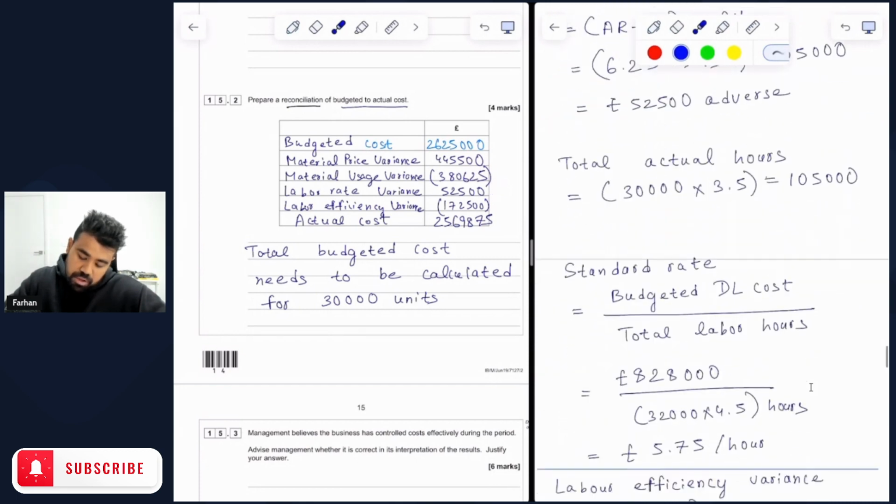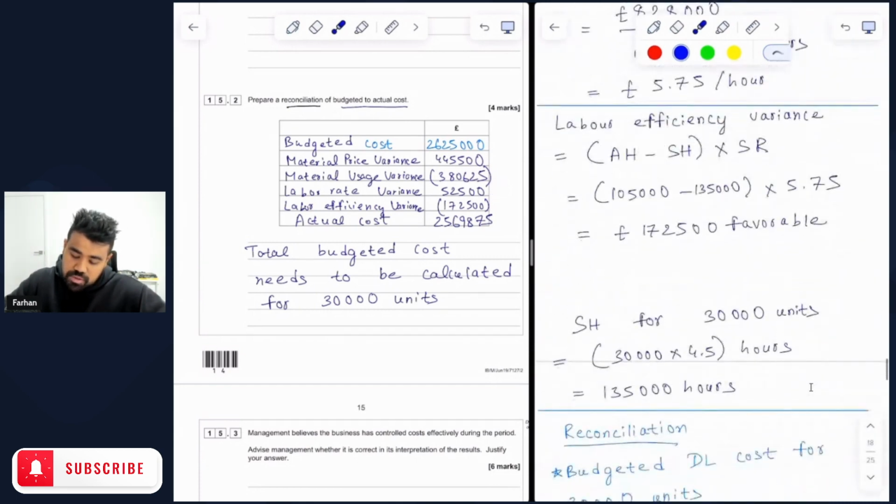Lastly, we have labor efficiency variance, which was a favorable outcome for the business because our actual hours were lower compared to the standard hours that we would have set aside for 30,000 units. Because our costs went down due to this favorable outcome, this should reduce the budgeted cost we originally had, and therefore the labor efficiency variance is subtracted.